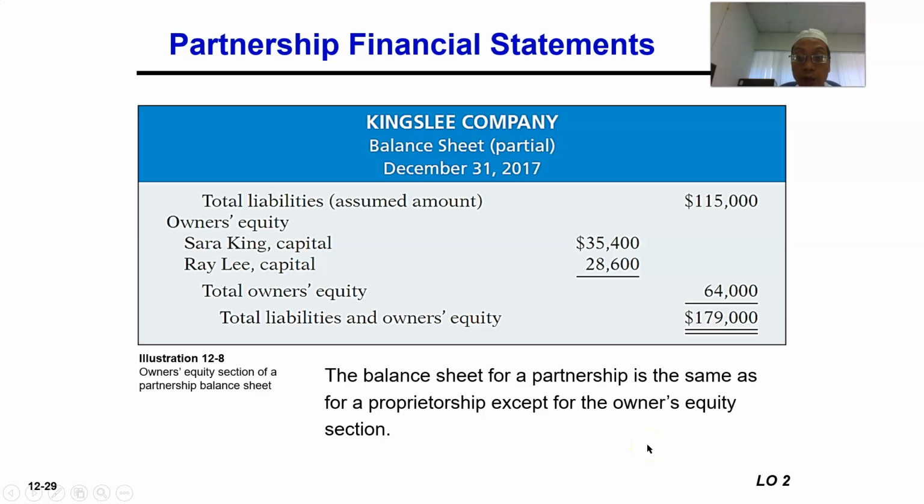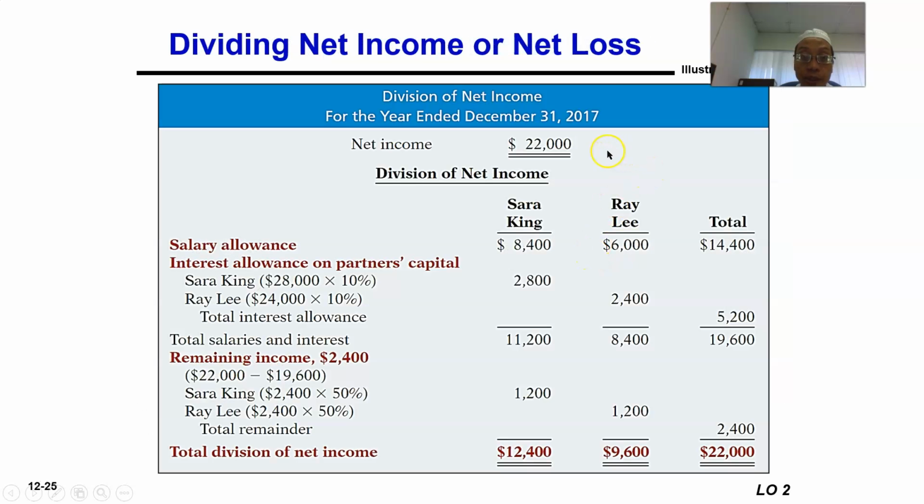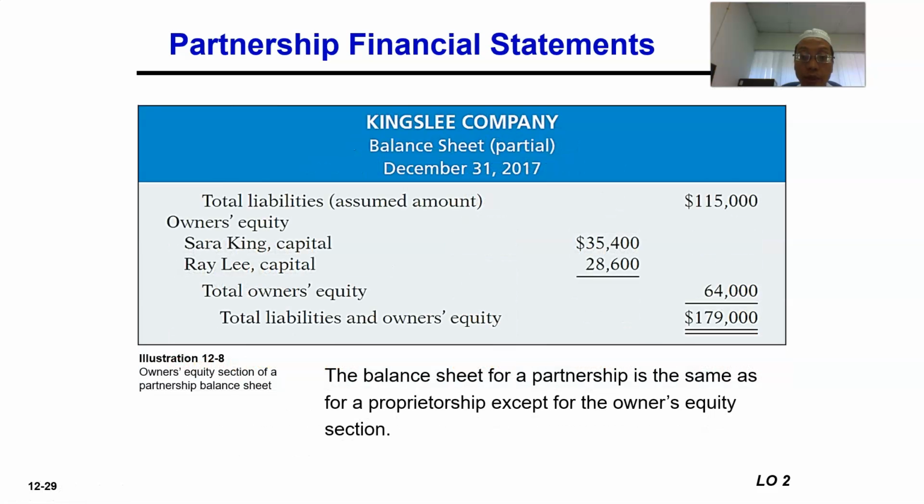So that is how we prepare. Firstly, we prepare the schedule, and after preparing this schedule, we will prepare the partners' capital statement, and after arriving at the ending capital, we will prepare the balance sheet, and the balance sheet will have the ending capital of both partners.